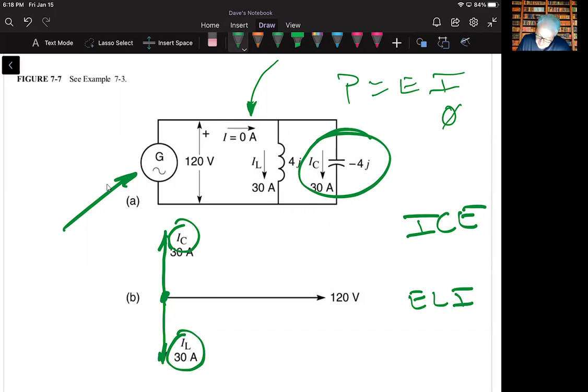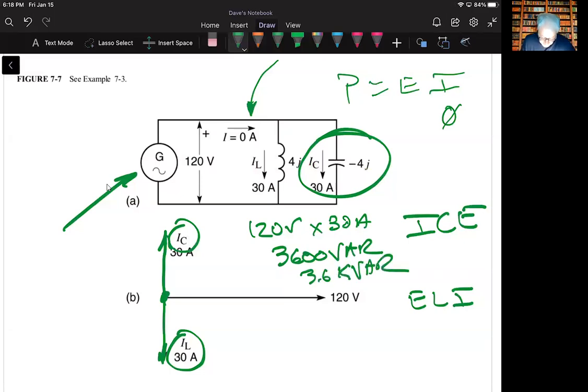So it is 120 volts times 30 amps, which is 3,600 VAR, volt-amp reactive, or 3.6 kVAR. Reactive power Q now flows from the capacitor to the reactor.